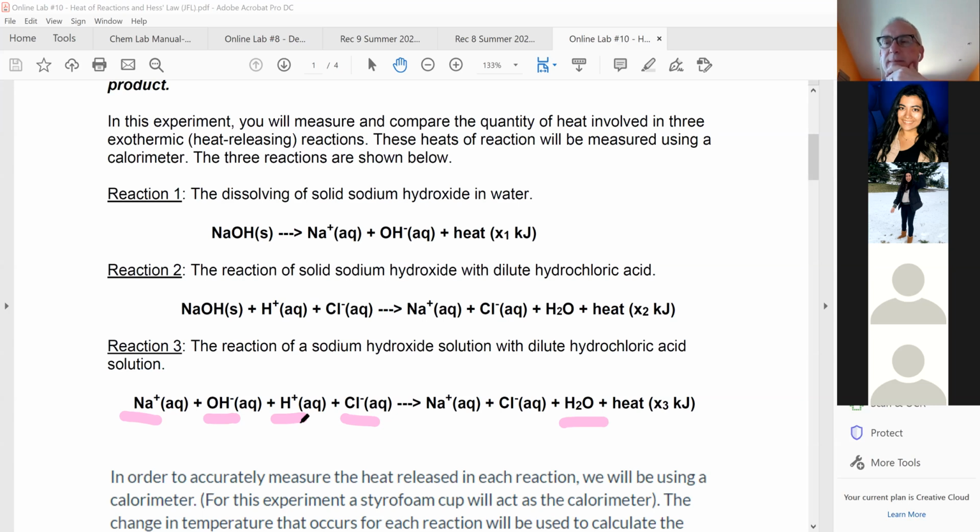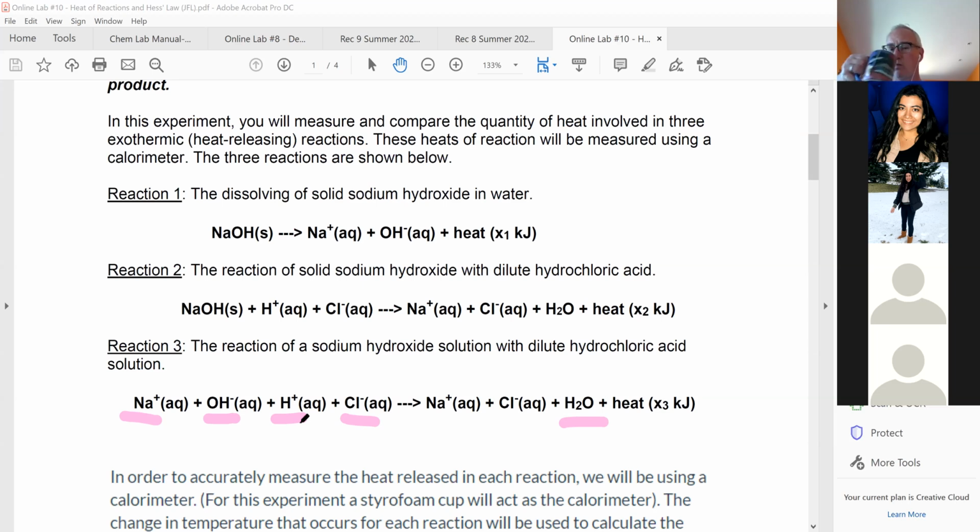Think about it this way. In two of the reactions, we're doing one thing. And in one of the reactions, we're doing two things. Which one are we doing two things? And can we add up the other two reactions to add up to that?